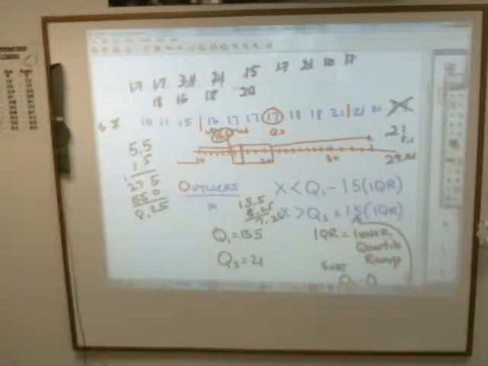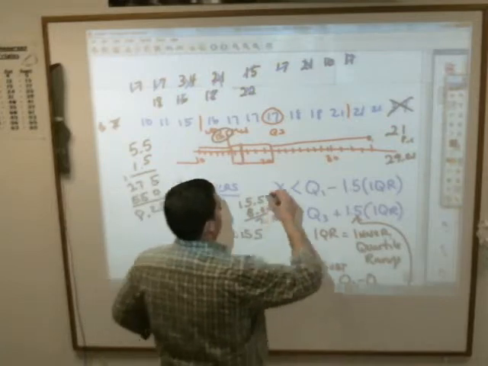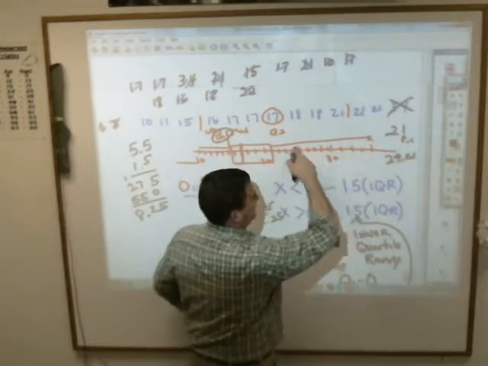Okay, what it says here is this. They did the whole thing. When they did an example problem, it says, in a box and whisker plot, outliers are represented by an asterisk and not included in the whisker. In other words, the book got rid of this part of the line.